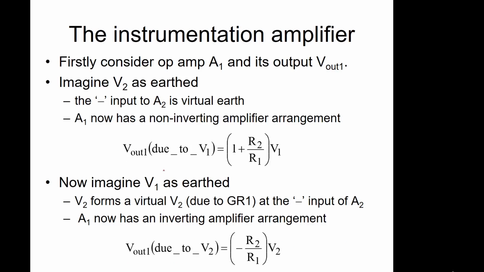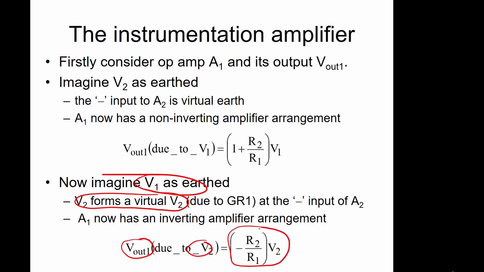So if we have earthed V1 and have a voltage V2 which forms a virtual V2 as an input, then our output now from op amp 1, which is due to V2, is given by our transfer function for our inverting amplifier arrangement.